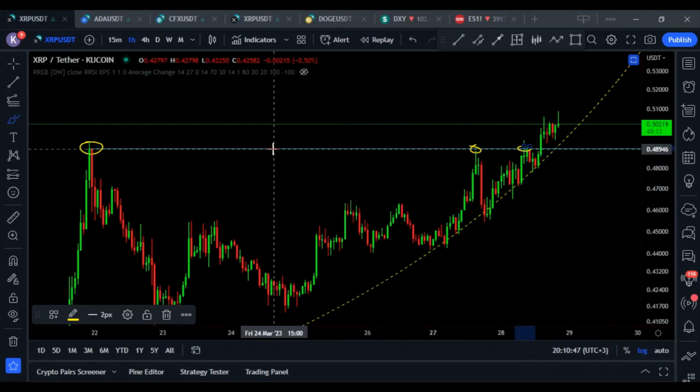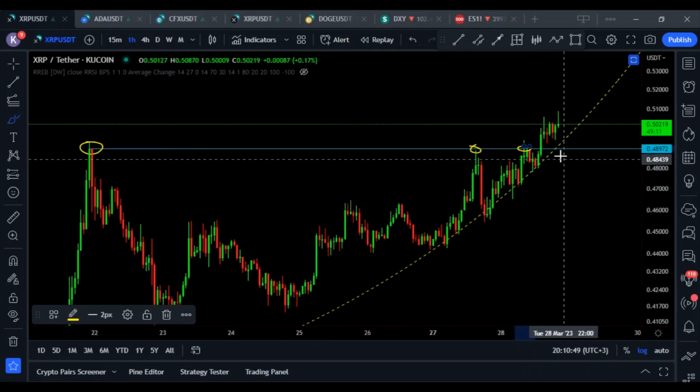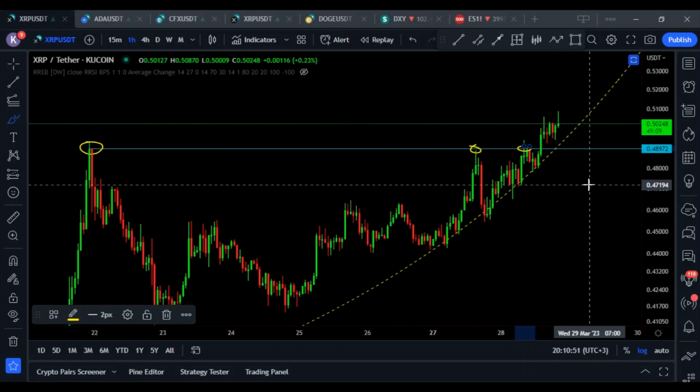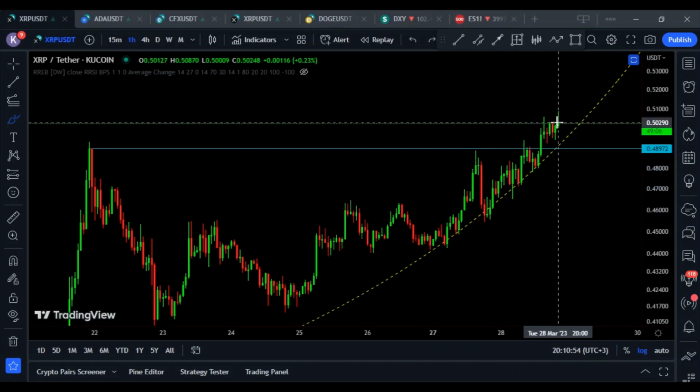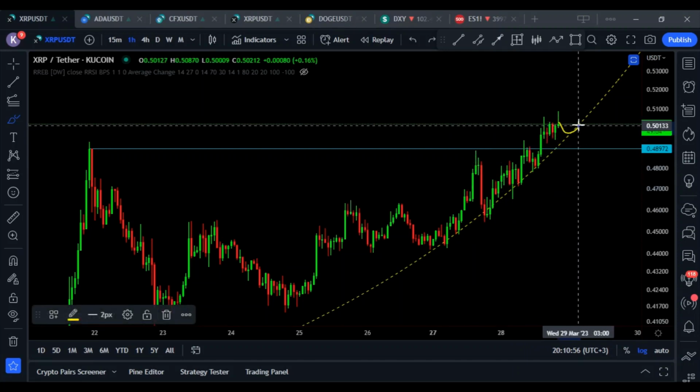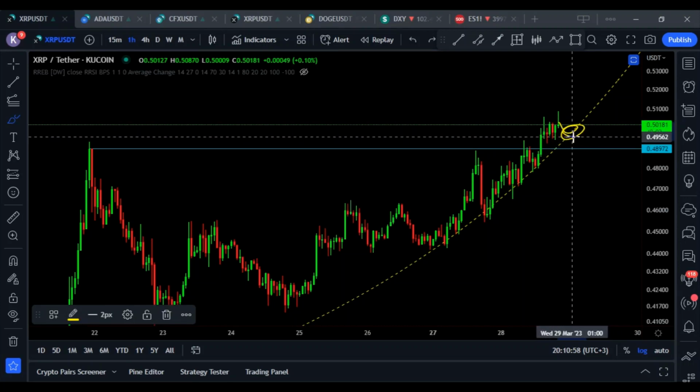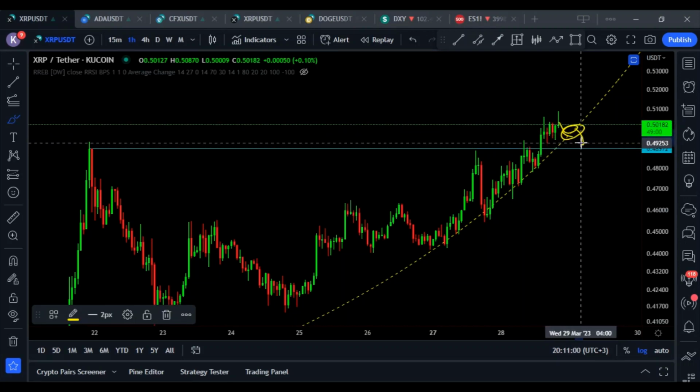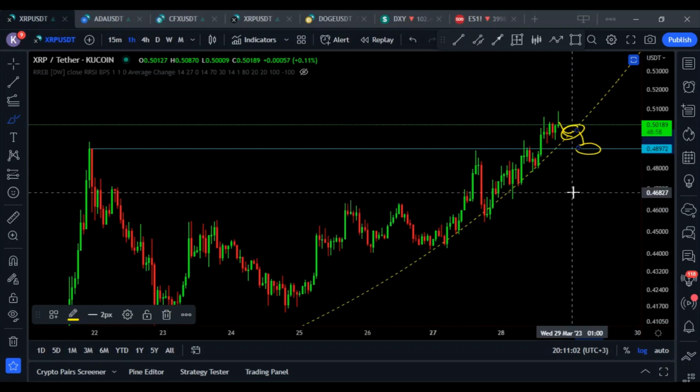So that makes this line a point of interest support to me. Whenever we come down, we now added another layer of support. If that breaks, we will come back and retest this support.